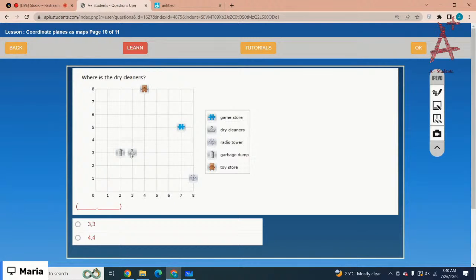Here it is. The coordinates are 3 and 3. So the correct option is option number 1.